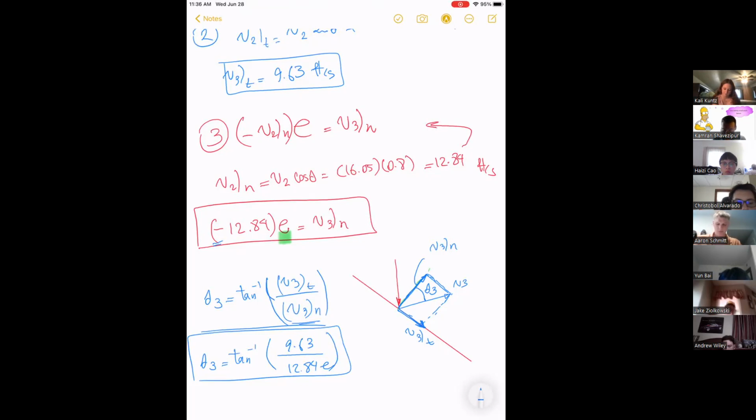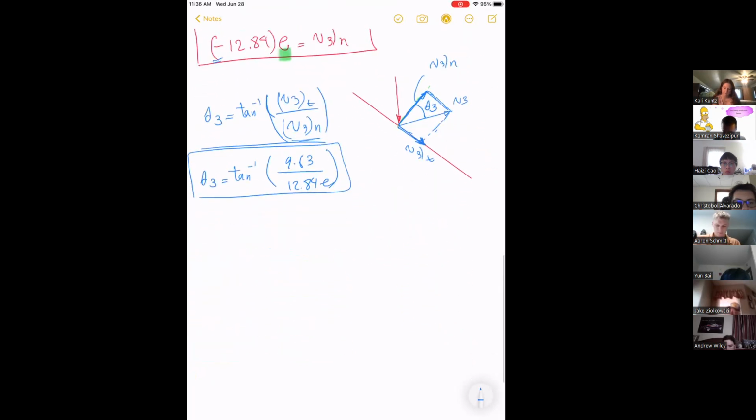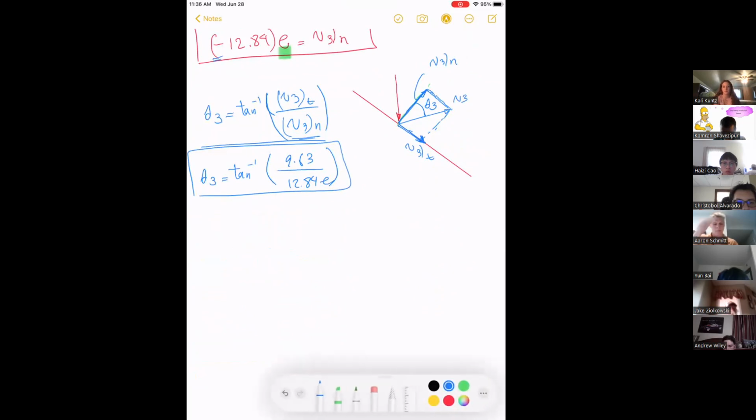Let's go back to the projectile motion for now. Remember this velocity? This velocity has one x component and one y component, right?